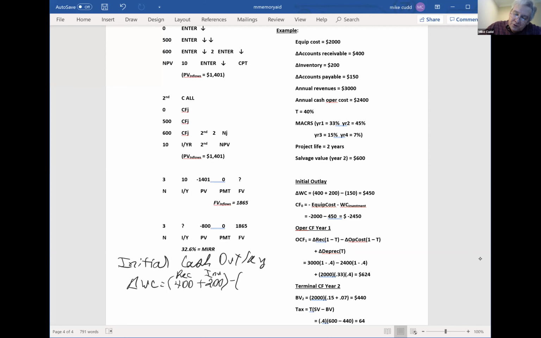And we've got accounts payable of 150. So 600 minus 150 would be 450. We'll have a $450 million increase in working capital, and an increase in working capital would be a cash outlay.